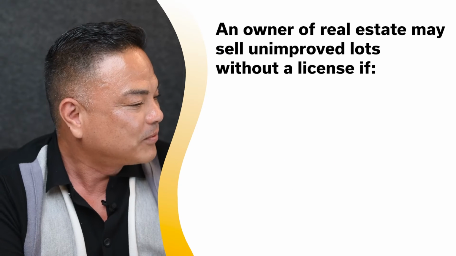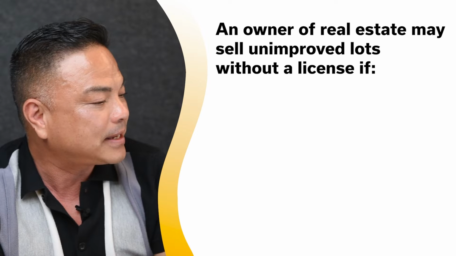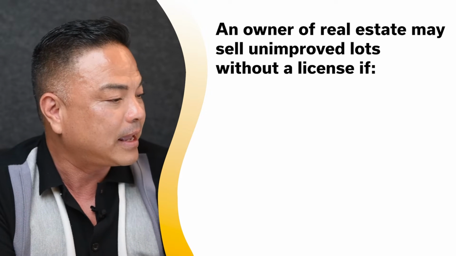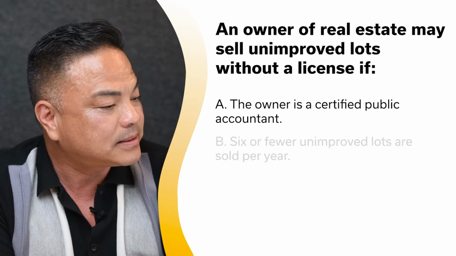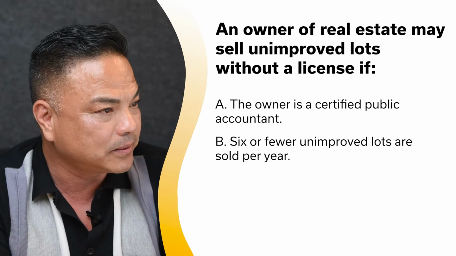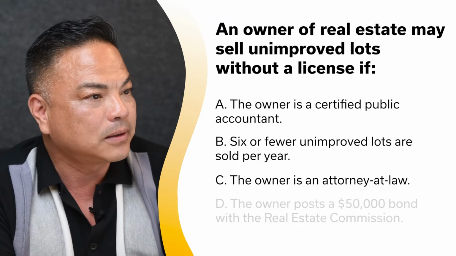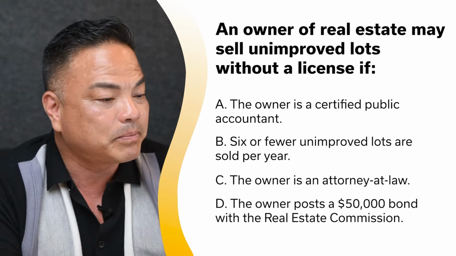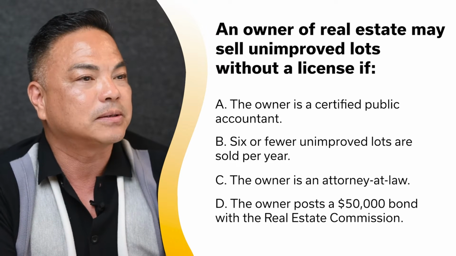An owner of real estate may sell unimproved lots without a license if A, the owner is a certified public accountant, B, 6 or fewer unimproved lots are sold per year, C, the owner is an attorney at law, D, the owner posts a $50,000 bond with the Real Estate Commission.